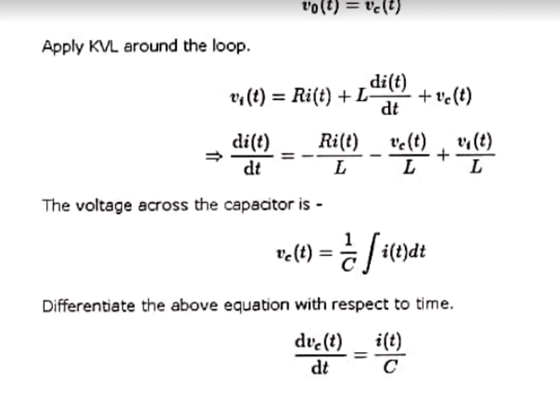For obtaining the state vector, differentiate this with respect to t. So we get dVc of t by dt is equal to I of t by C. We can eliminate the integrator.